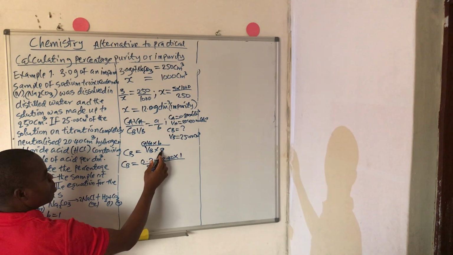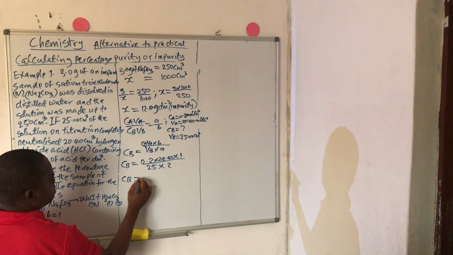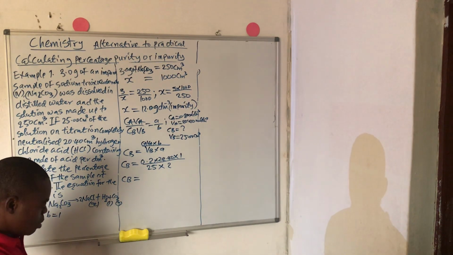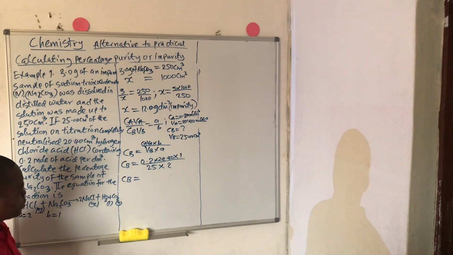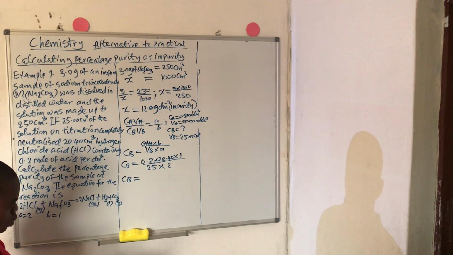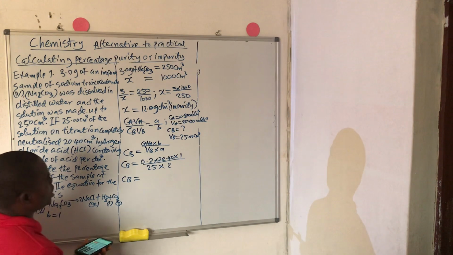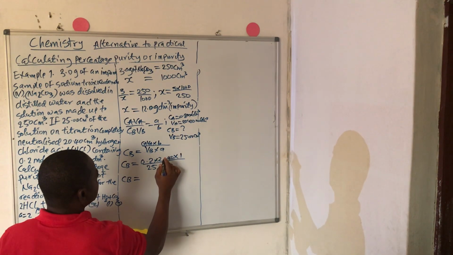But the mole ratio of acid is 2. And this gives us Cb. If you use your calculator very well, which I know is not a problem, it's going to give us 0.2 multiplied by 24, sorry, the value of this is 20.40, not 24.